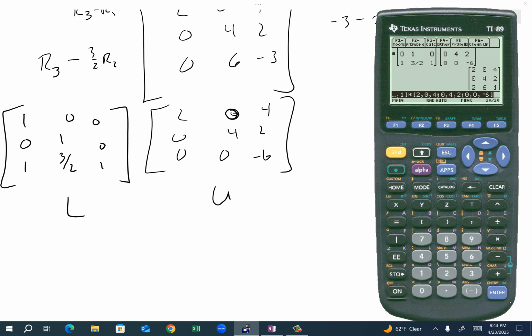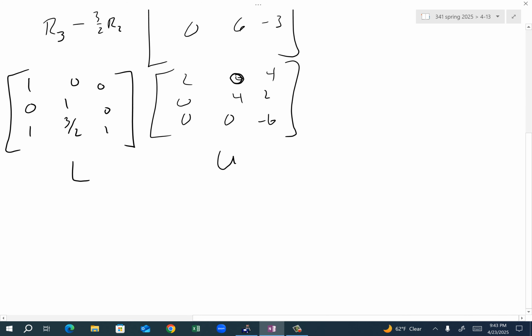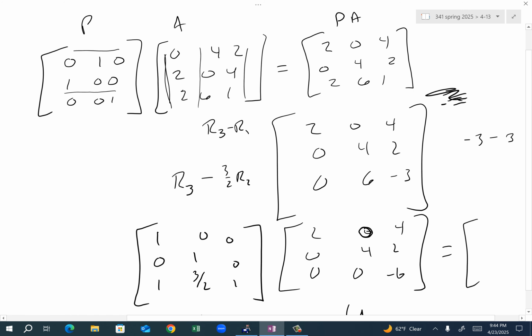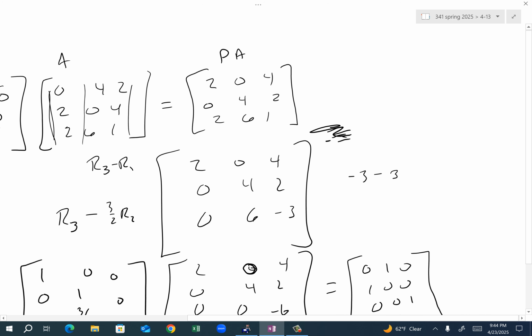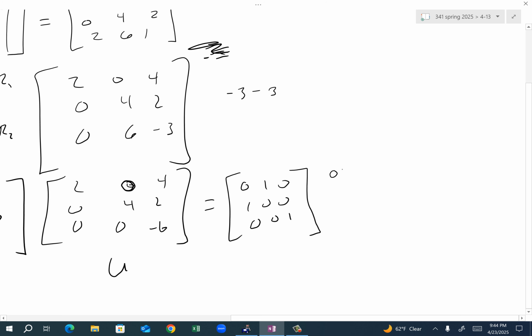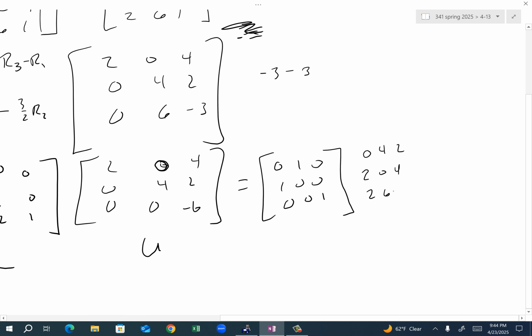So you multiply it back out, you get exactly where you came from, yes? So I'm back to exactly that. So what I have here, this LU is equal to our P, which we said was 0, 1, 0, 1, 0, 0, 0, 0, 0 times our A, which is 0, 4, 2, 2, 0, 4, 2, 6, 1.